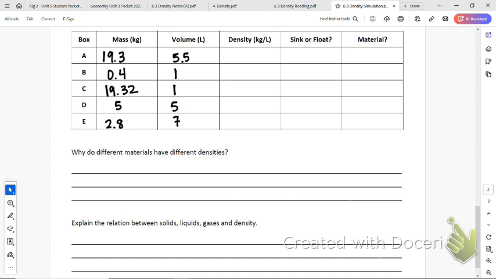So for all of these, to find density, mass divided by volume. So for A, what is 19.3 divided by 5.5? 3.5. Okay. Kilograms per liter. B, 0.4 divided by 1 is just 0.4.